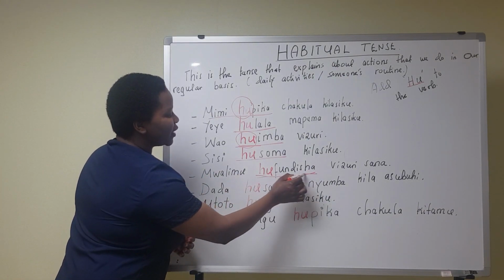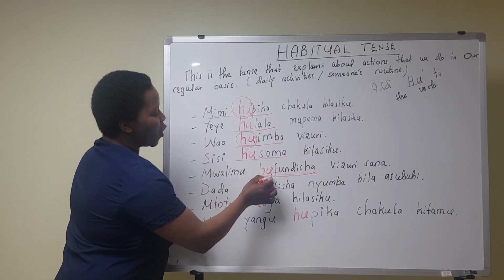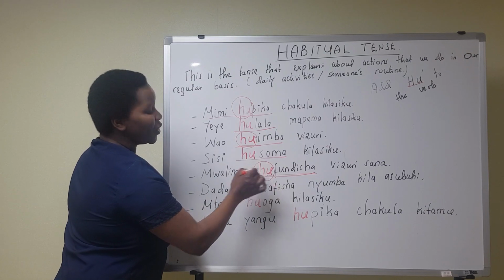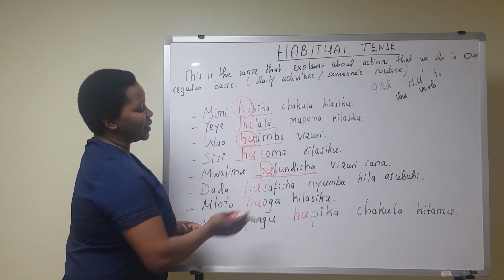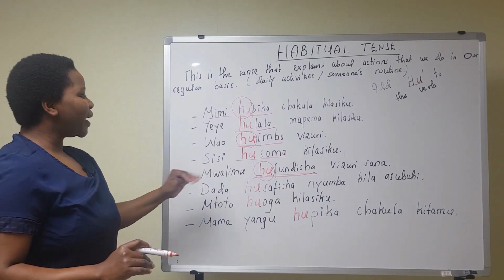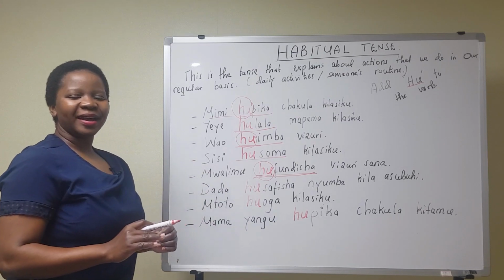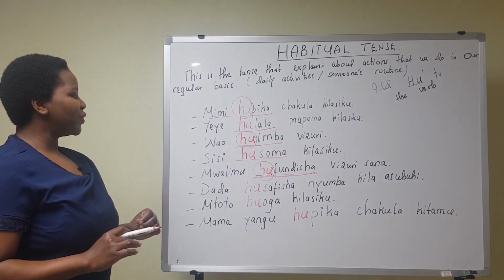So hufundisha, because we have "hu", which is the tense marker, this is habitual tense. Mwalimu hufundisha vizuri sana.